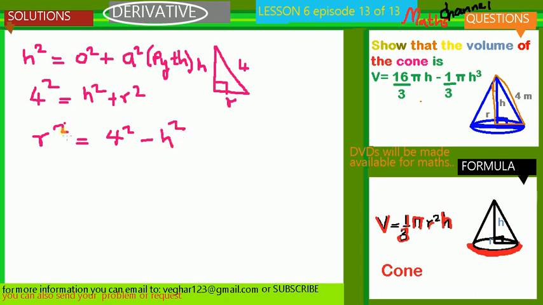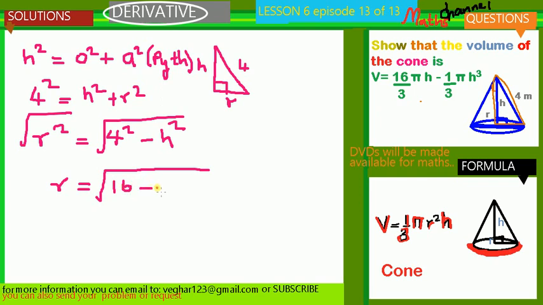Putting a square root on both sides. You know that 4 squared is 16, right? You write 16. So now we have r. So what is the equation of a cone?